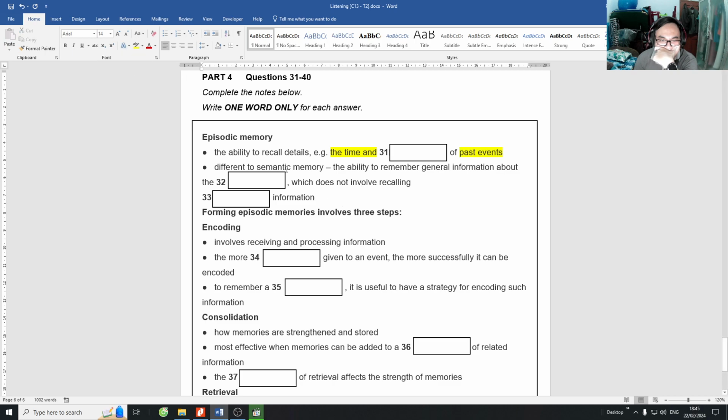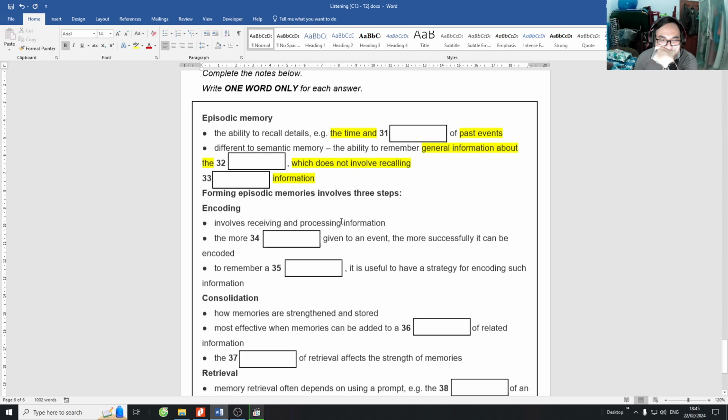Now turn to section 4. You will hear a lecturer in psychology talking about a type of memory.